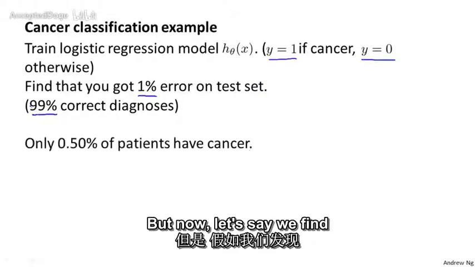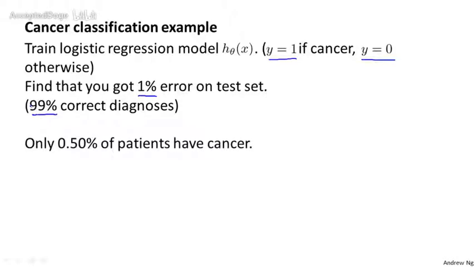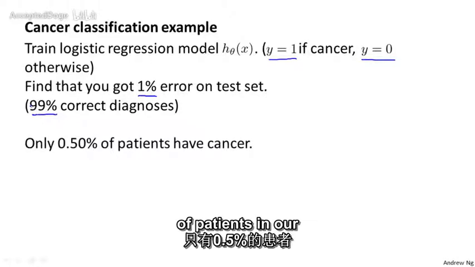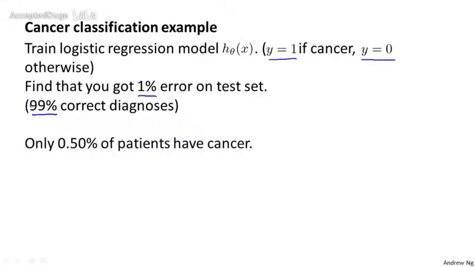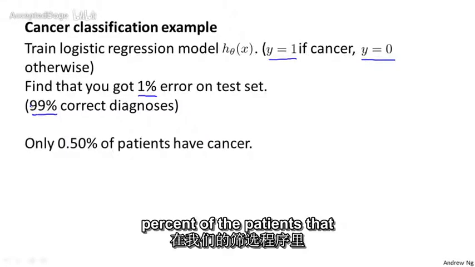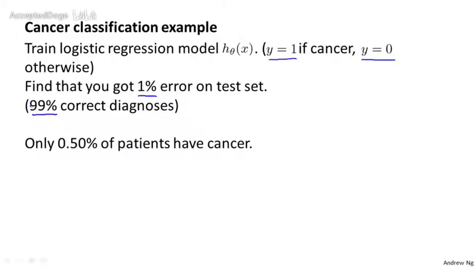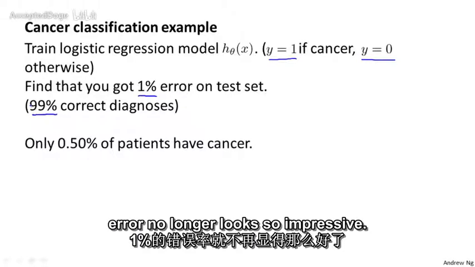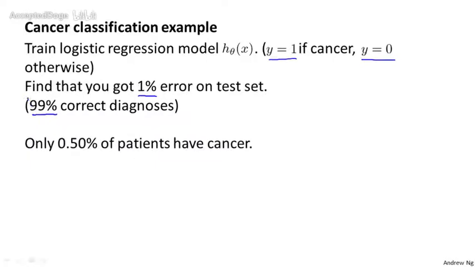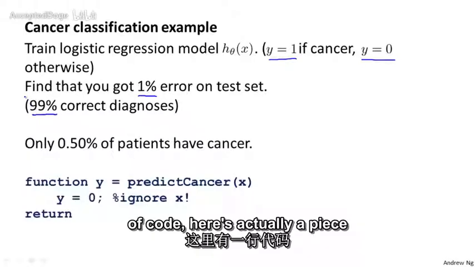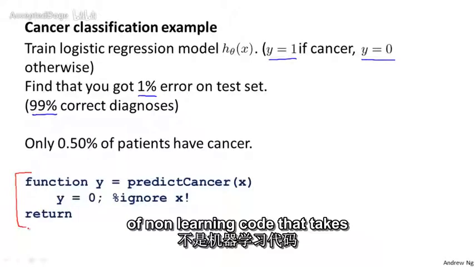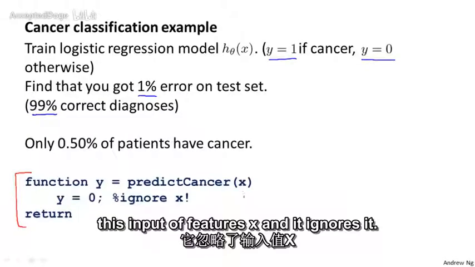But now, let's say we find out that only 0.5% of patients in our training and test sets actually have cancer. So only 0.5% of the patients that come through our screening process have cancer. In this case, the 1% error no longer looks so impressive. And in particular, here's a piece of non-learning code that takes the input features x and ignores it.